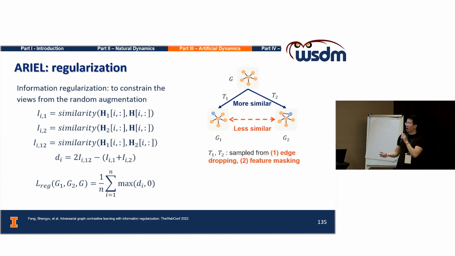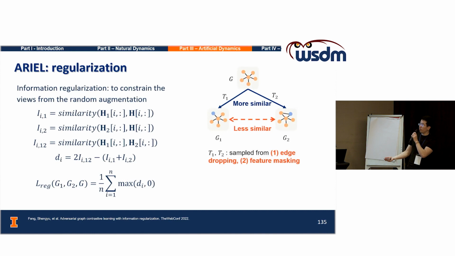Why? If those two views, G1 and G2, are very similar, then our downstream contrastive learning module cannot learn anything, right? Because they are already similar. It's very easy to maximize the agreement between those two views. So that's not what we want. We try to keep the generated views G1 and G2 from being too similar to each other.